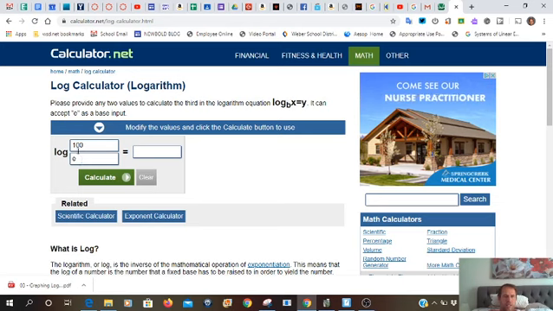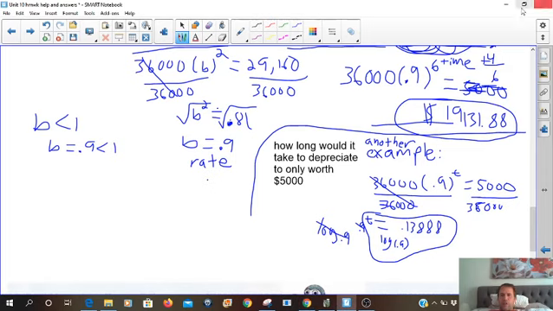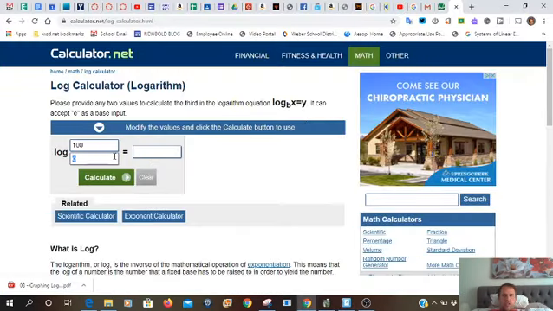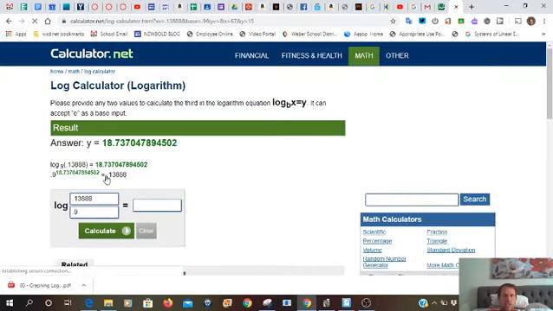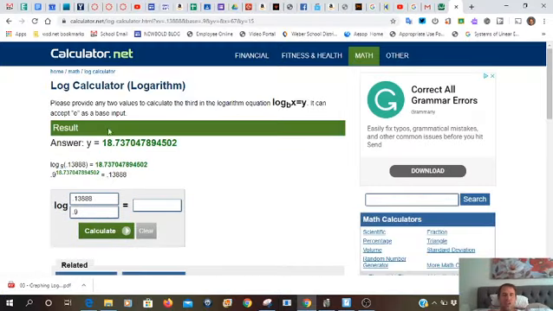Okay, so we're going to do log base 0.9 of 0.13888, which is what we got right there, and see what that gives us. And so that gives us 18 years. So that car will last, at least it slows down a little with its decaying there.